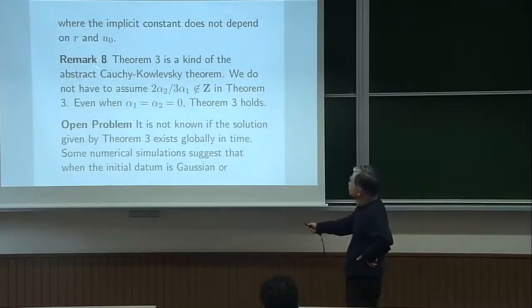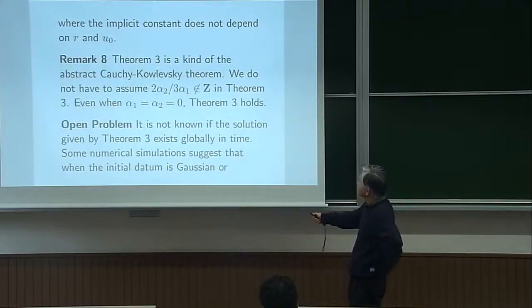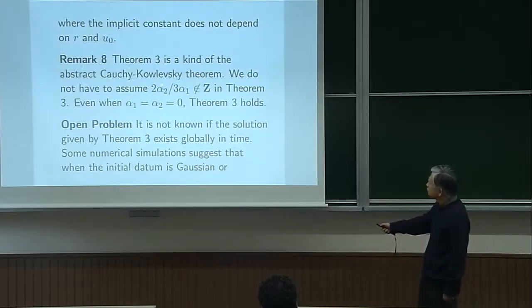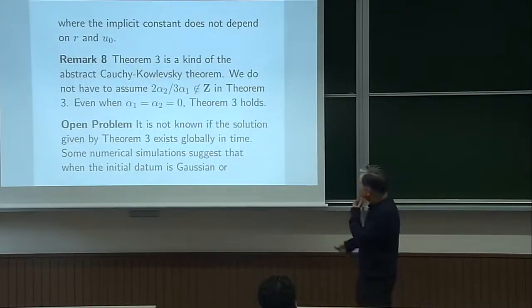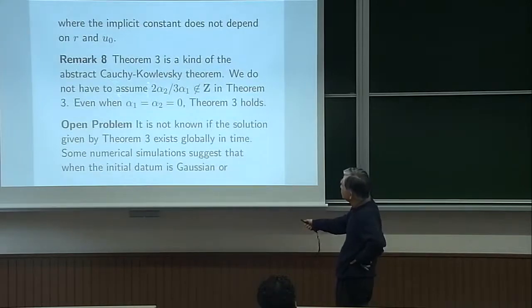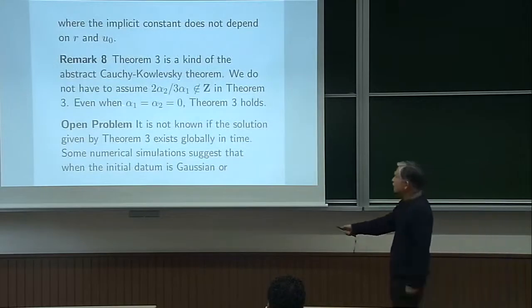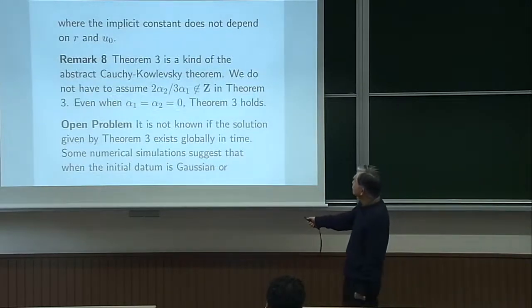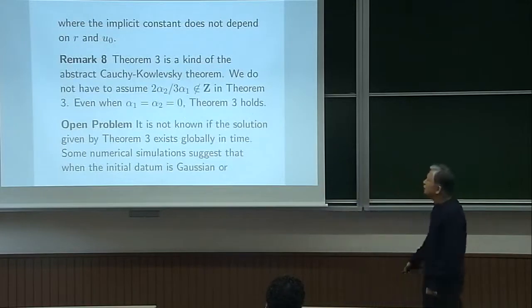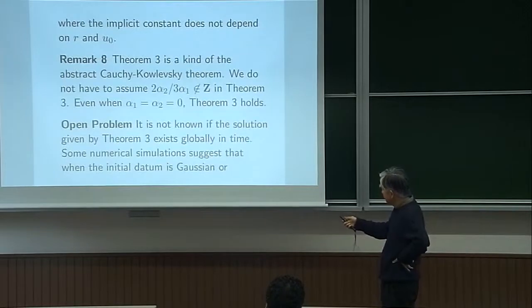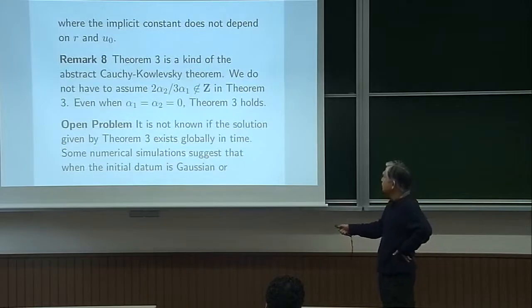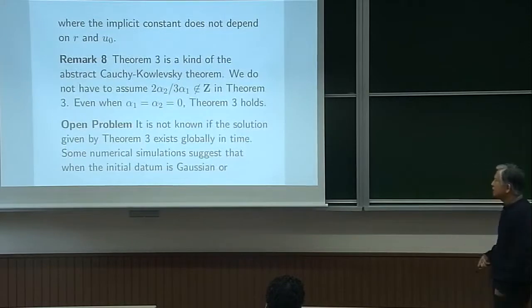So I'd like to make a remark about theorem 3. Theorem 3 is a kind of so-called abstract Cauchy-Kowalski type theorem. So we do not have to assume this non-resonant condition. Even when alpha 1 and alpha 2 are equal to 0, theorem 3 holds. The interesting open problem is, it is not known if the solution given by theorem 3 exists globally in time.